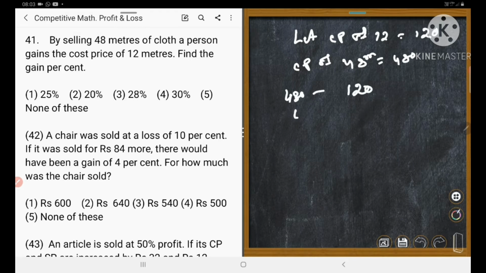In 100, you understand? 120 upon 480 into 100 is 25. So profit percentage is how many? Tell me. Profit percentage is 25.